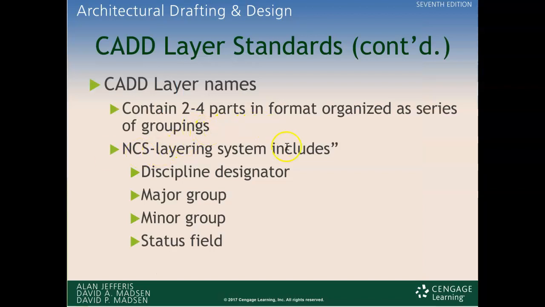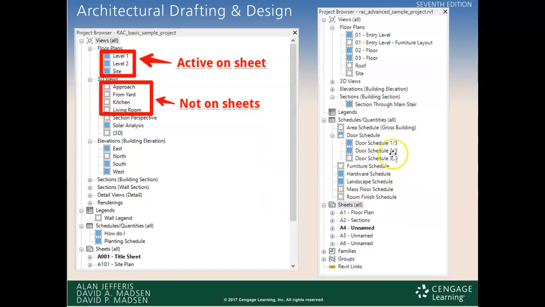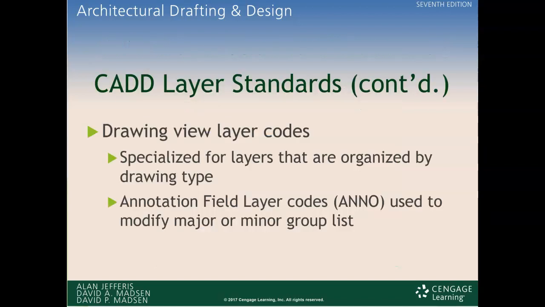CAD layer names, not too much pertaining to us, but standards. What's the discipline, architecture, and what's the group? As we saw here, these are already done for you once you start drawing in Revit. So we don't refer to these too much because they come with the drawing you start.